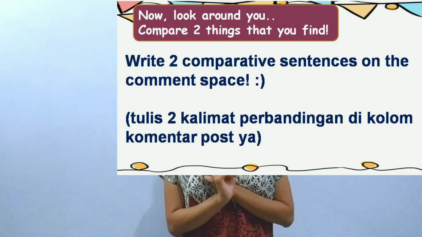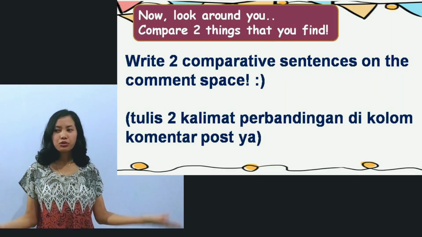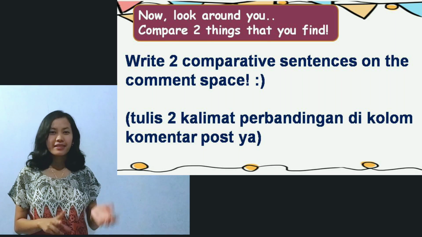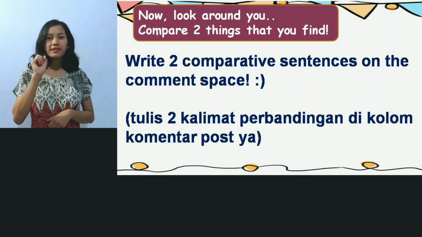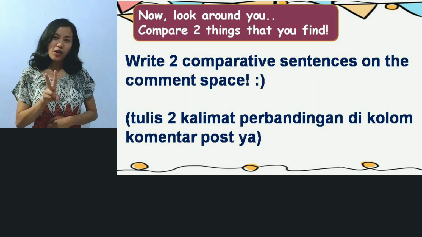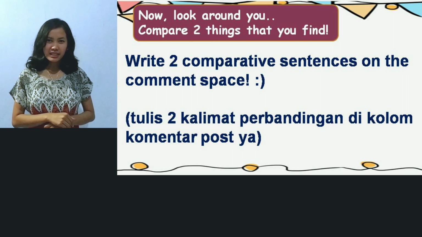So, do you have any question? Do you understand? If you do, please look around you. Compare 2 things that you find and then write 2 comparative sentences on the comment space.